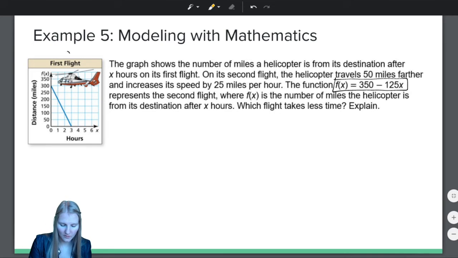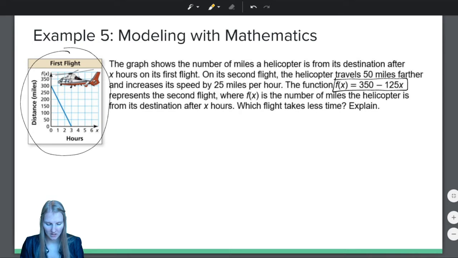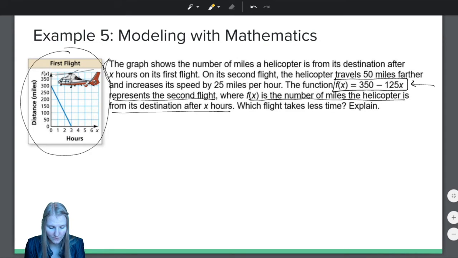So we have the first flight here, and we have the second flight within this equation. And in this function that represents the second flight, f of x is the number of miles the helicopter is from its destination after x hours. Okay, just like the first flight.